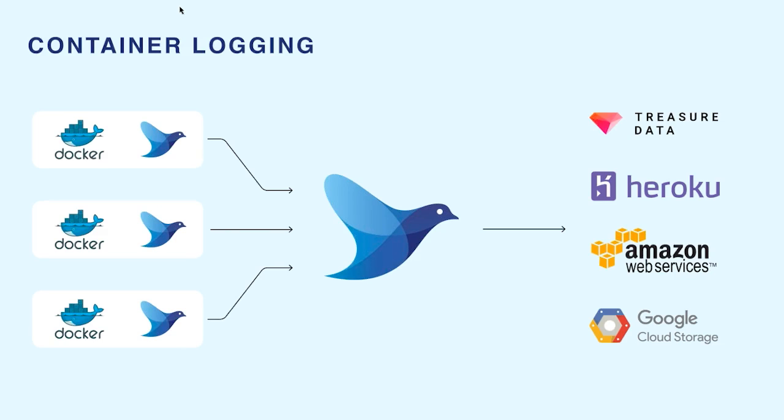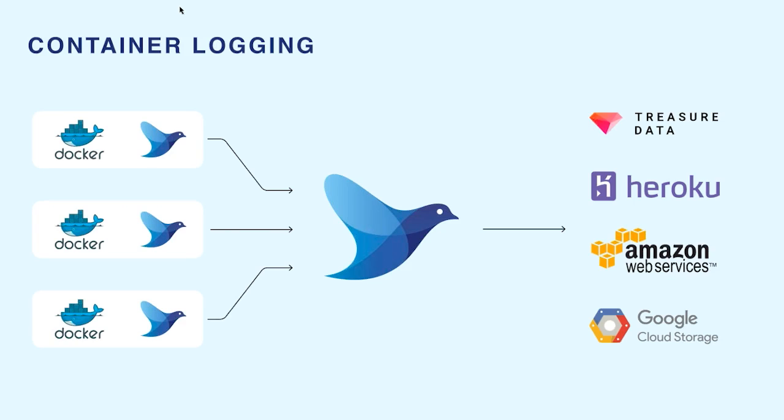Again, once the data is funneled into Fluentd, it can take advantage of more than 200 open source community supported output plugins. Fluentd itself, by the way, is open source, so everything I'm pitching to you here is absolutely free and open source. This makes it easy for you to do your Docker-based architecture and to have a sound logging system from day one with open source tools that are free.